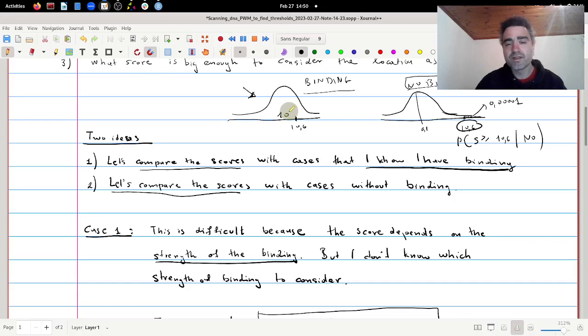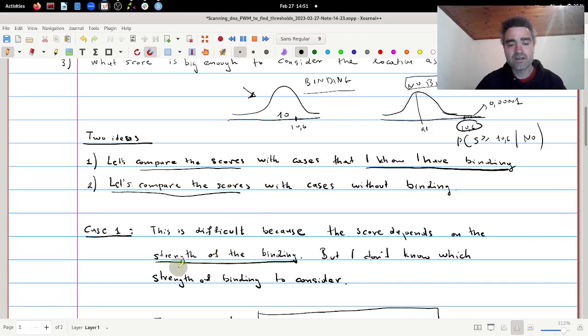To compare it with cases with small affinity, or medium affinity, or with cases of high affinity. Even if we would know the affinity, it would be pretty difficult to find examples that have exactly medium affinity or high affinity or whatever. So the first case is pretty difficult.